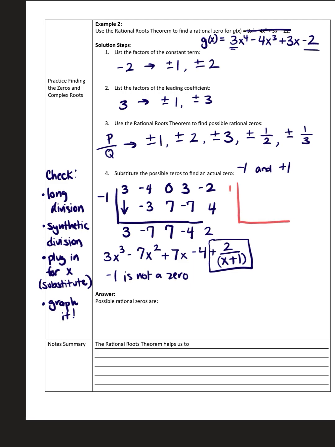So I'm going to do the synthetic division again, but this time with +1. I'm going to have 3, -4, 0, 3, -2.